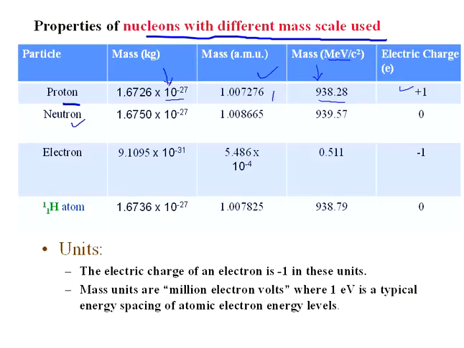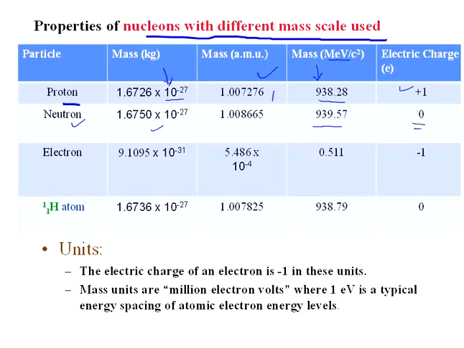Neutron mass is 1.6750 × 10^-27 kg, which is greater compared to the proton, and in atomic mass unit it becomes 1.008665. It is 939.57 in mega electron volt, and the charge on the neutron is 0.